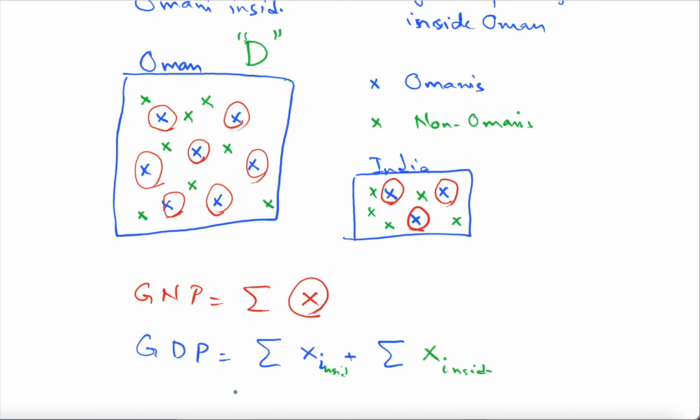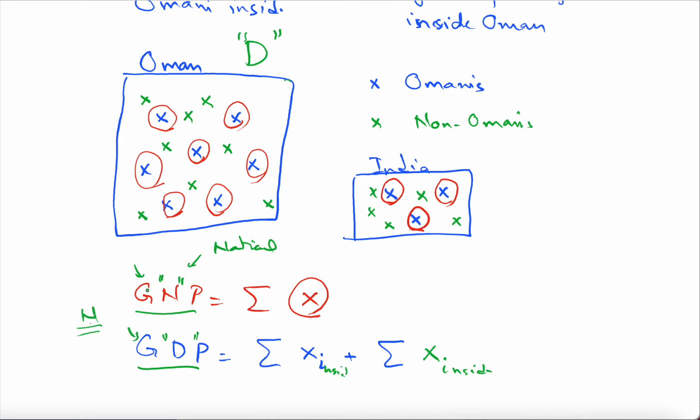So if we do it this way, you might say, oh, how can we basically account it? Don't worry, we're gonna teach you how we're doing it. So N stands for national and D stands for domestic. And then we're going to explain the difference between G and N later.